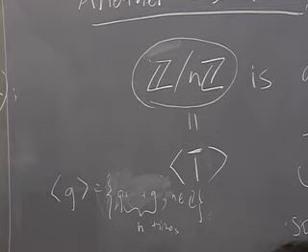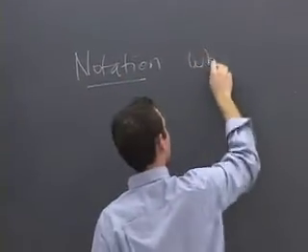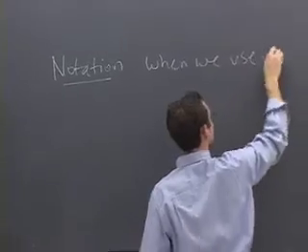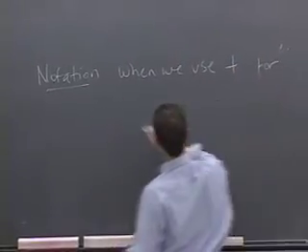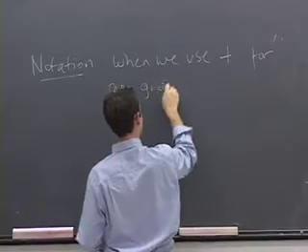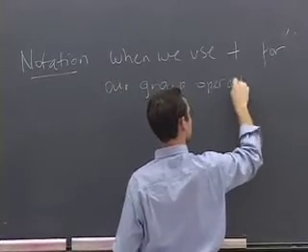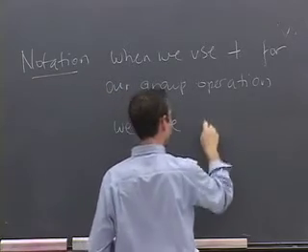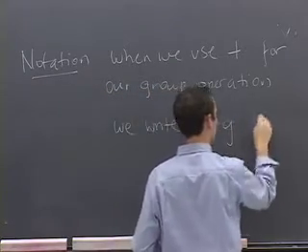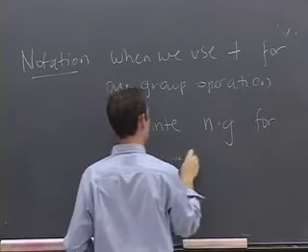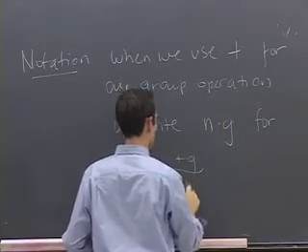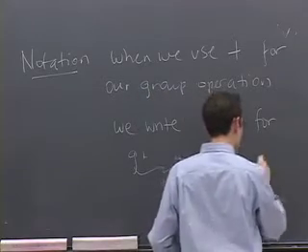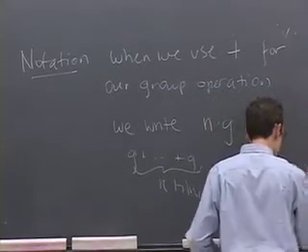Maybe I'll make something that I wrote over there even more explicit. Notation: when we use plus for our group operation, we write n times g for g added to itself n times, not the more multiplicative notation g to the n.